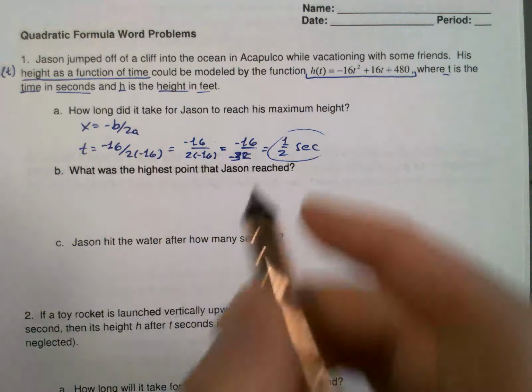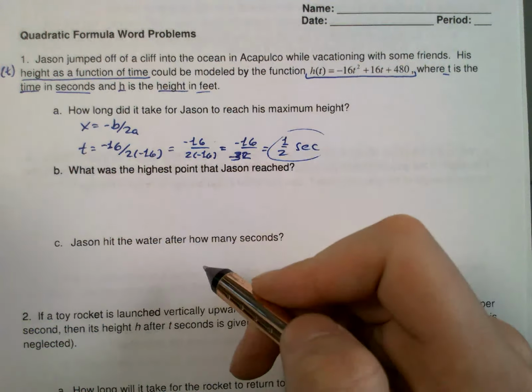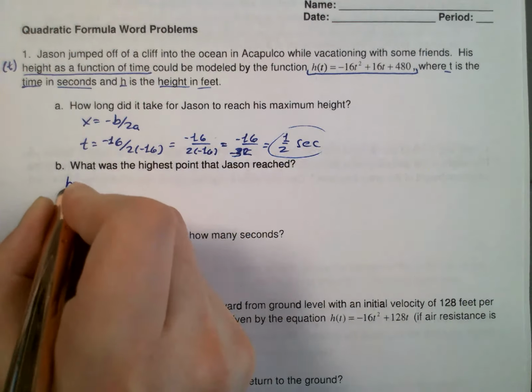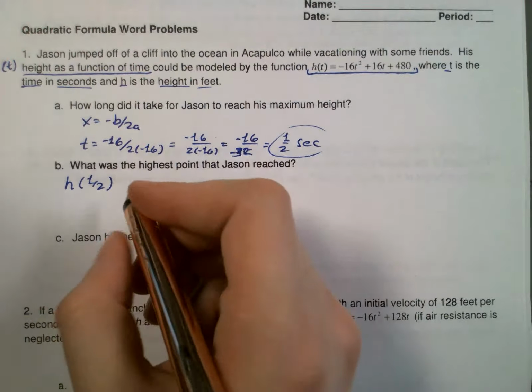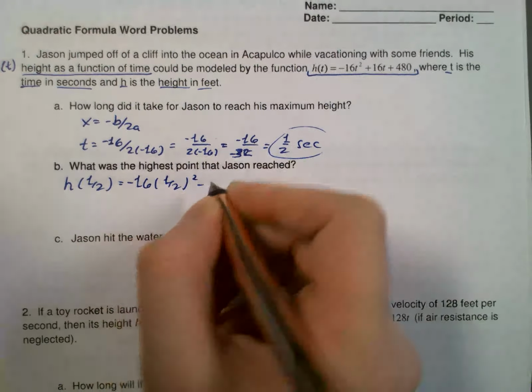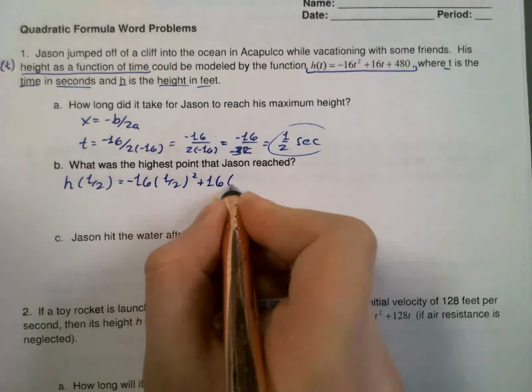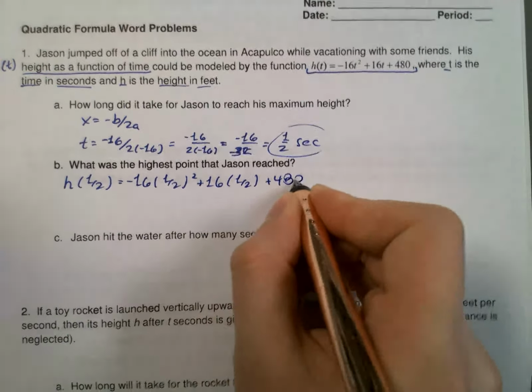We are now going to take this time, as we've done a bunch of times, and plug it back into the original function to get our answer. So at 1/2, we get negative 16 times 1/2 squared plus 16 times 1/2 plus 480.